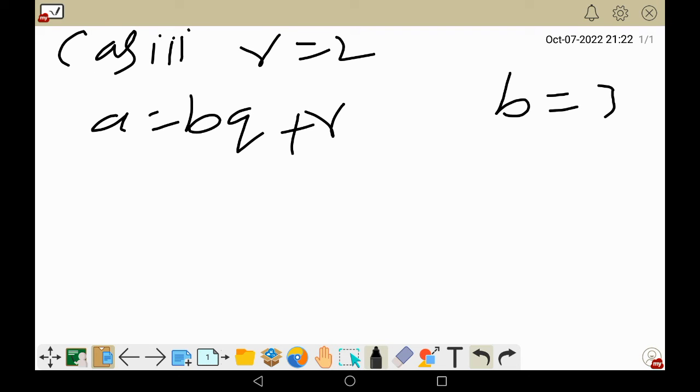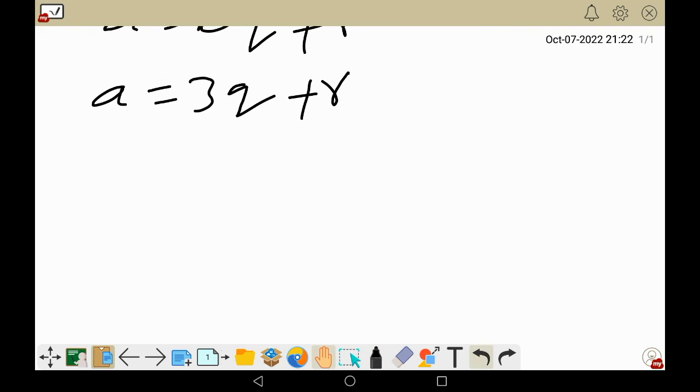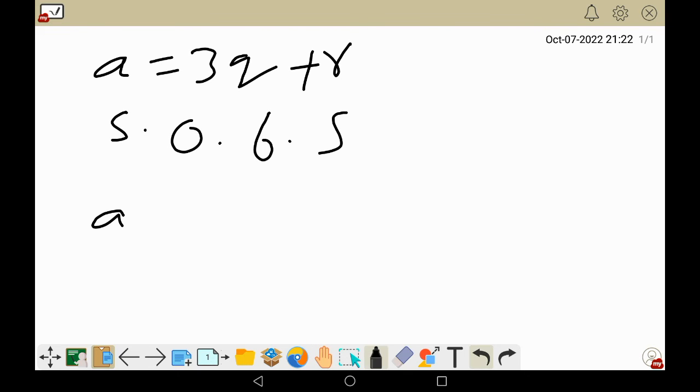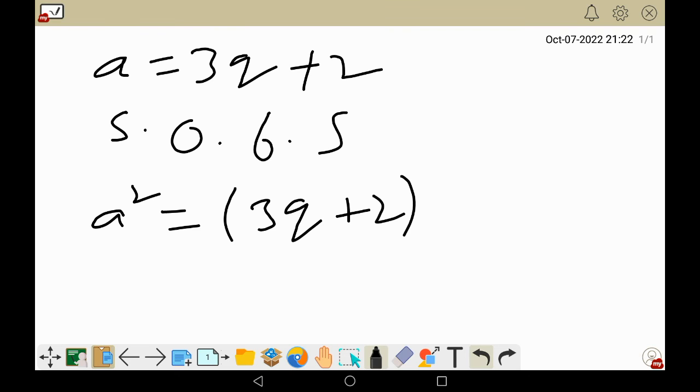Substitute the value of R and the value of B in the above equation: A is equal to 3Q plus R. Taking square on both sides, A square is equal to 3Q plus the value of R, and the value of R is 2, whole square.